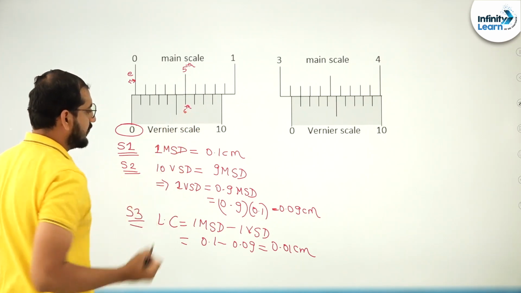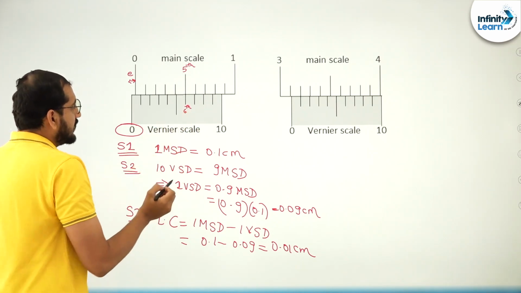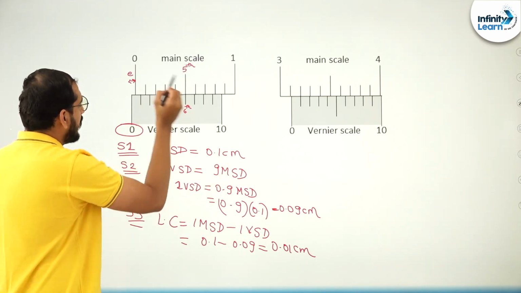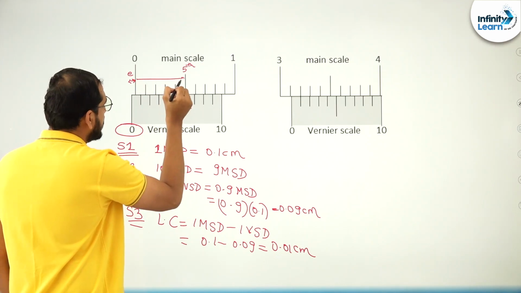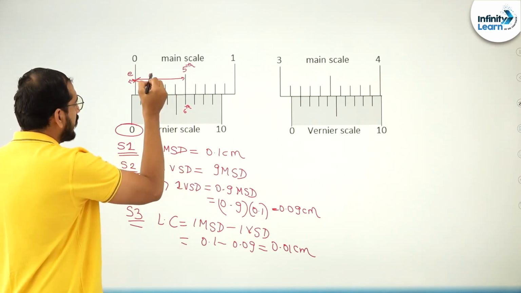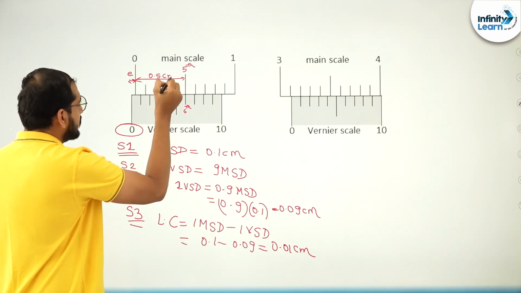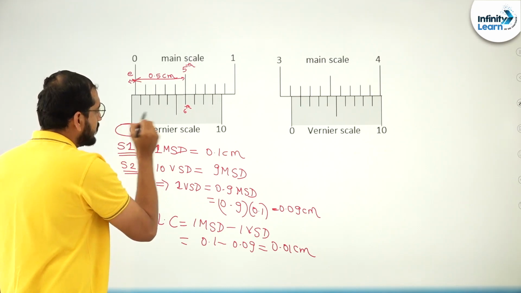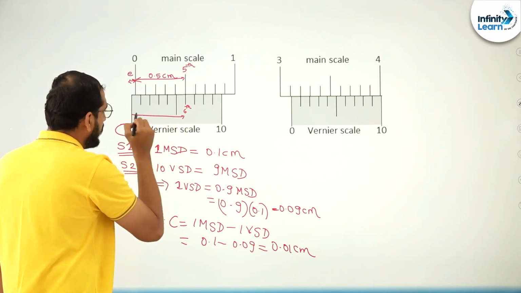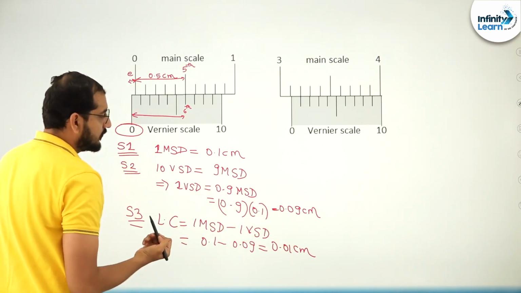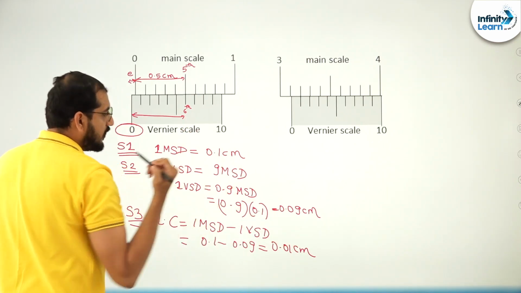Now I know that in the main scale the gap between two divisions is 0.1, so this gap is 5 divisions multiplied by 0.1, which gives you 0.5 centimeter. Similarly in the vernier scale, there are 6 divisions, and 1 VSD is 0.09, so 6 into 0.09.